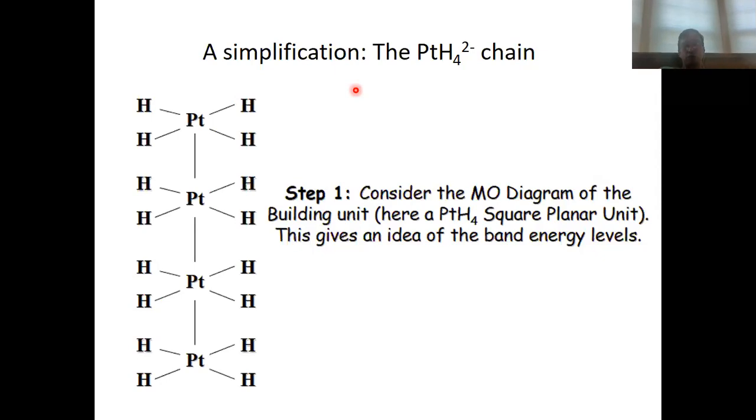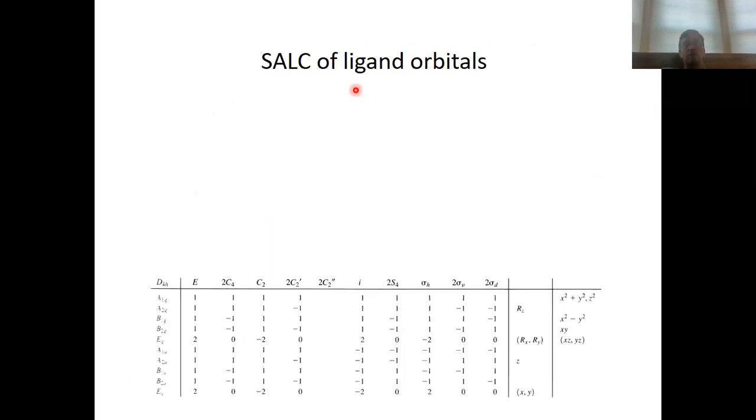So in order to select the orbitals, we first must produce the molecular orbital diagram for an individual PtH4 2- unit. Okay, now let's do this, and we can now use our molecular orbital diagram construction skills and our symmetry adapted linear combination of atomic orbital skills.